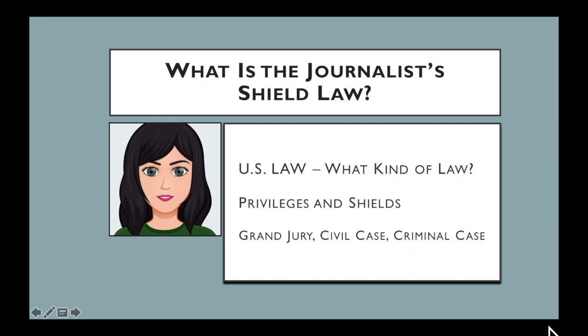If it's a criminal case where the criminal defendant needs the information that's in the possession of the media regarding the guilt or innocence of the person, then we're balancing the right of a person to have a fair trial and to get access to the information that would prove their innocence versus the freedom of the press. And we're talking about the freedom of someone to walk around in the world.